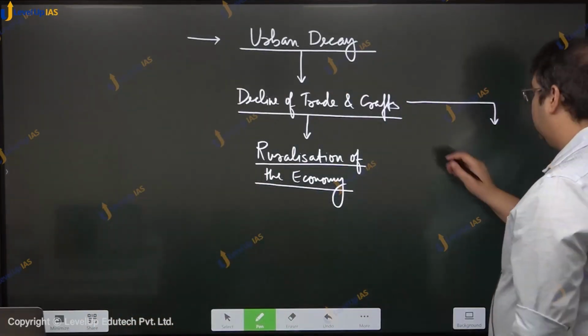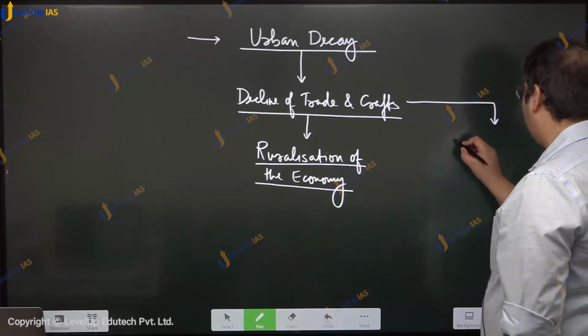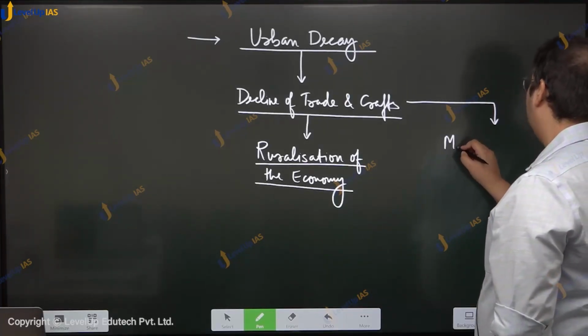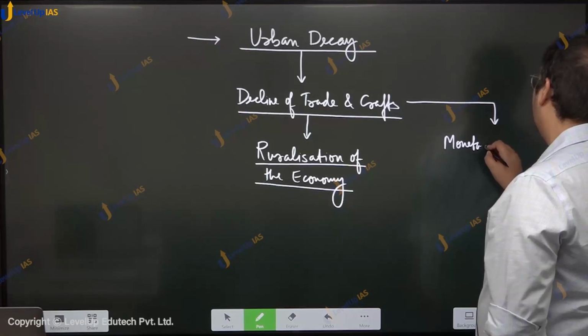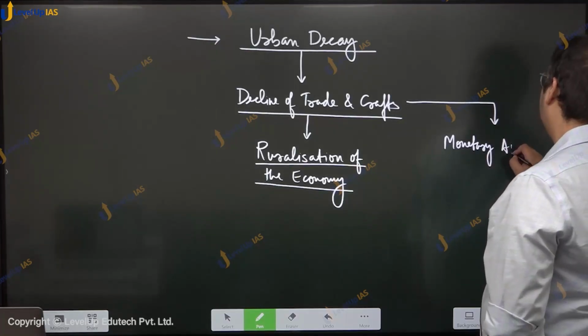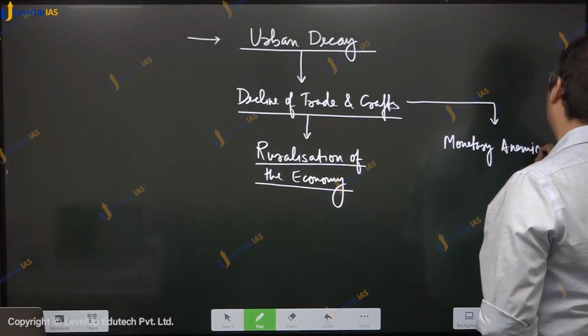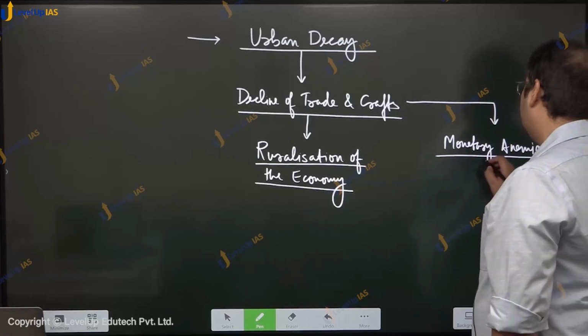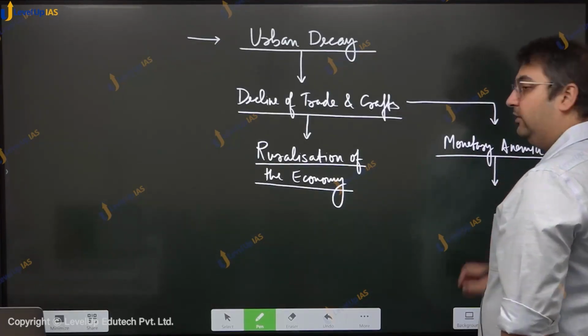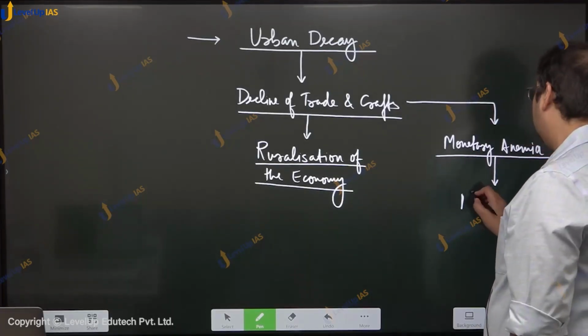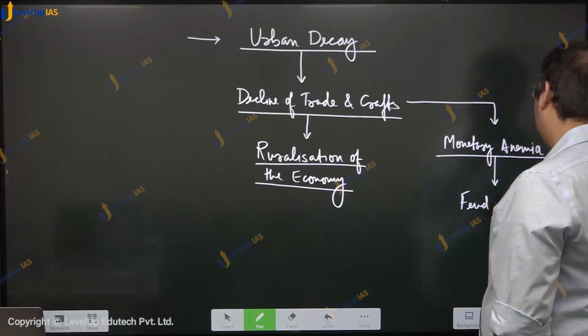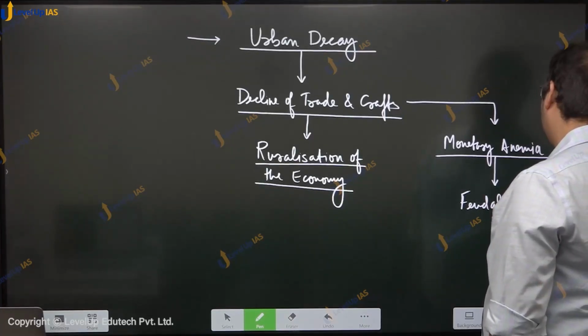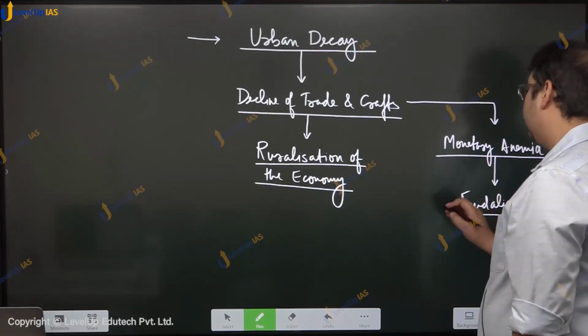Which induced decline of trade and commerce, also induced a monetary anemia, which encouraged the growth of feudalism.